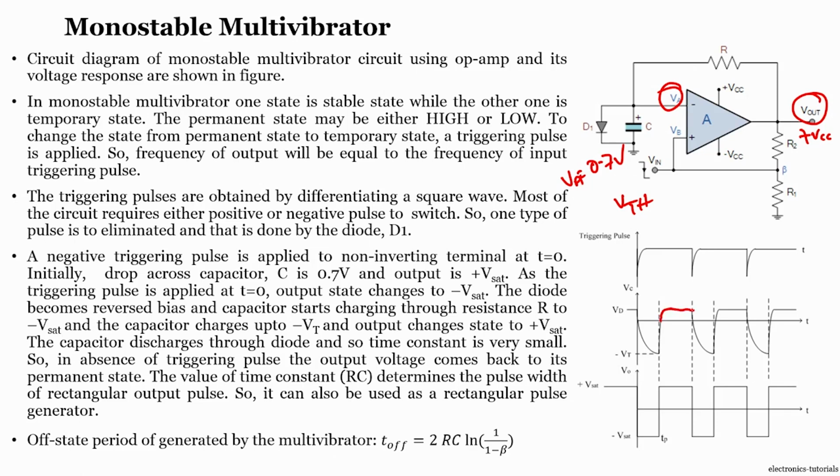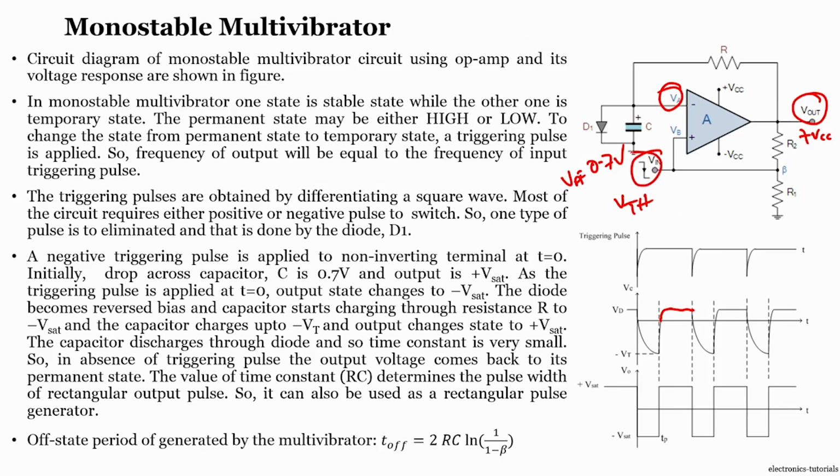Now, if the output has to go to minus VCC, the only condition is that the input voltage should be greater than our VTH. That condition will not happen unless we give some external triggering pulse.